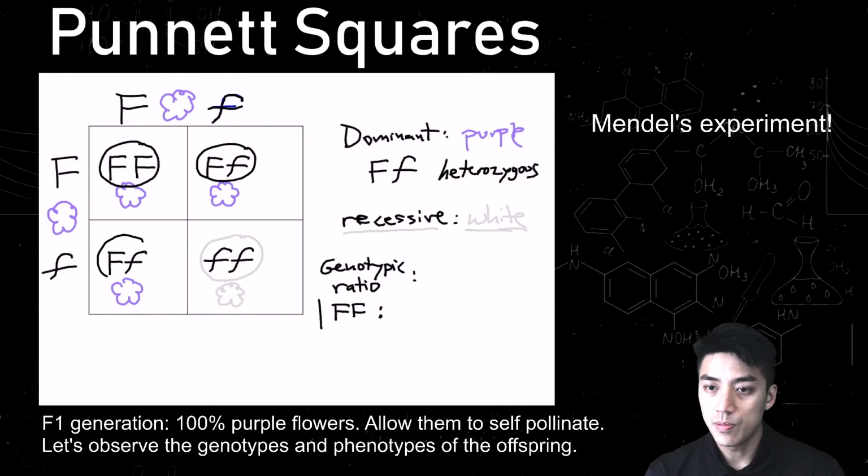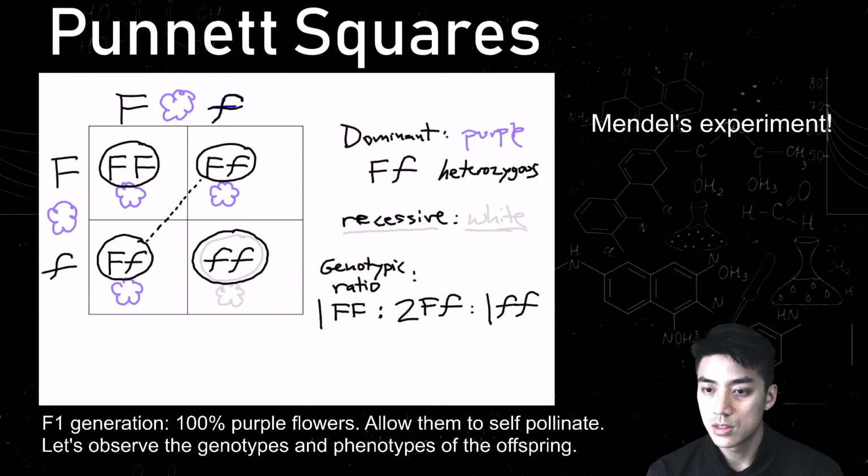So it's big F, little f, big F, little f. So there's 2 of those guys. 2 heterozygous dominants. And finally, you have the homozygous recessive, little f, little f. So just one of those. So the genotypic ratio is 1 to 2 to 1.